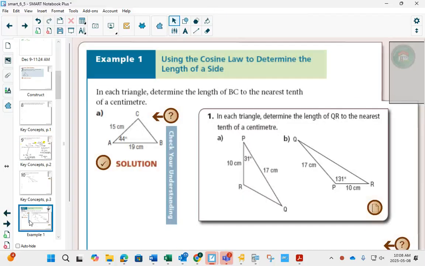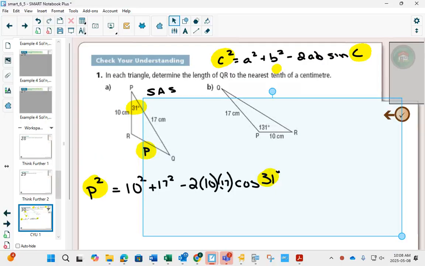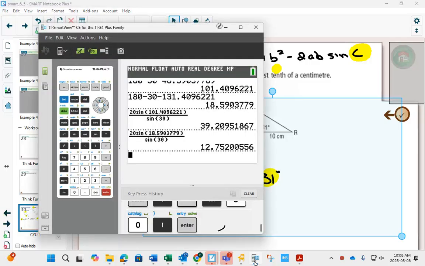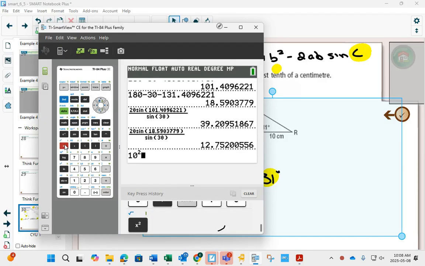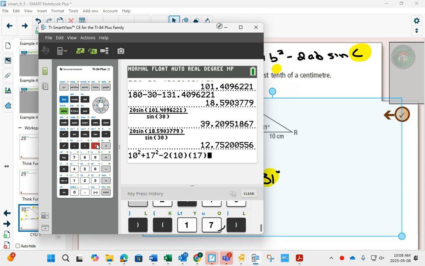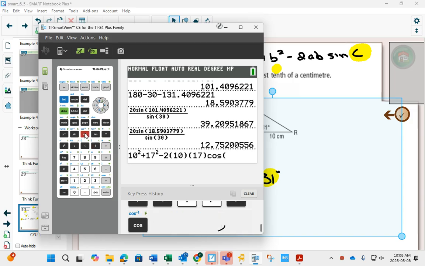Okay, so going back to our first question here. We're finding the side, and the beautiful thing about this is you can type this whole thing into your calculator all at once. So I would do that. I would write 10 squared plus 17 squared minus 2 times 10, and you can either use brackets or you can do times in between, cos of 31 degrees.